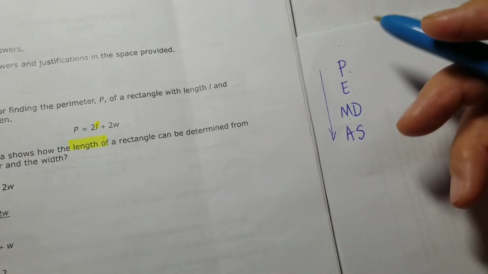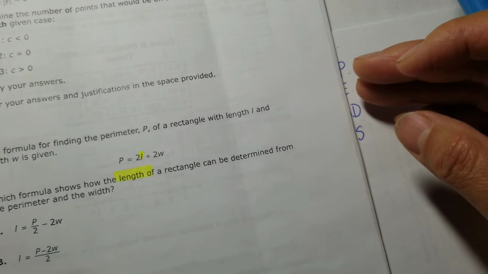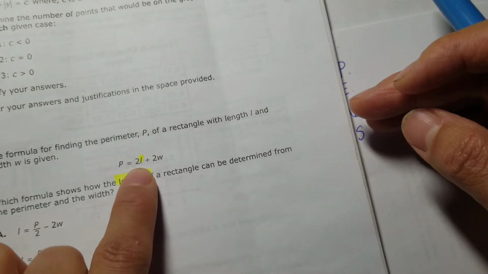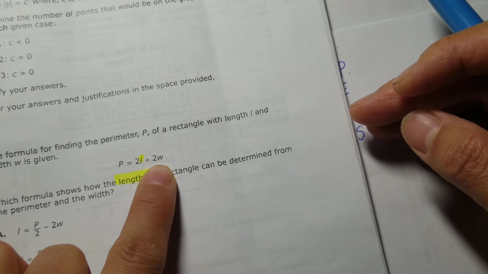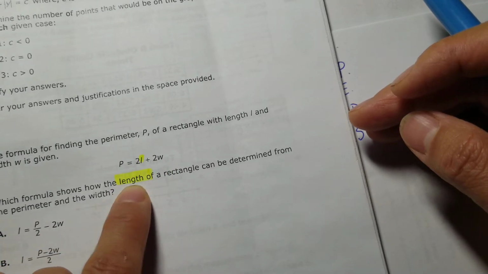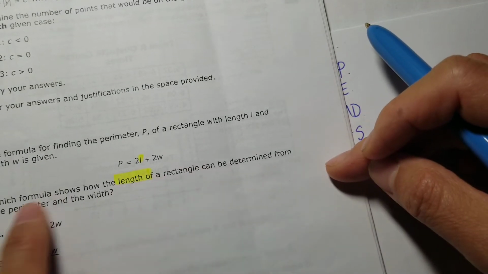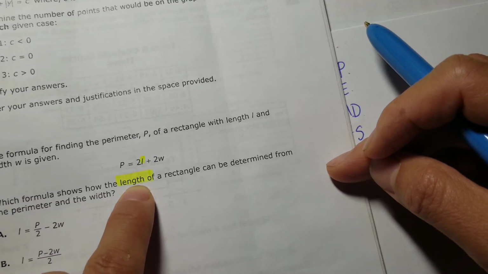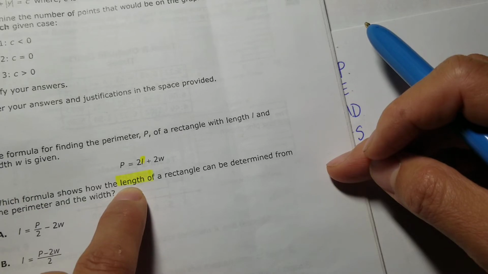Now, back to question number 14. When it gives you a formula and asks you to rewrite the formula for one variable in terms of the others, in that case, you need to isolate the length here.